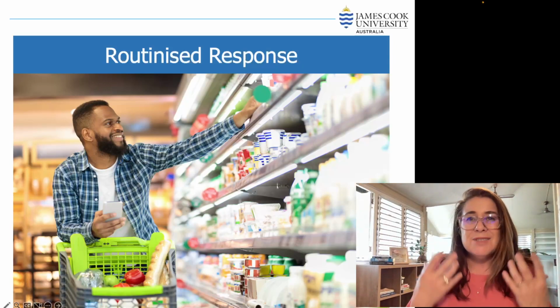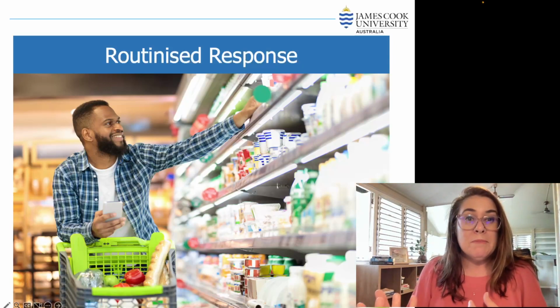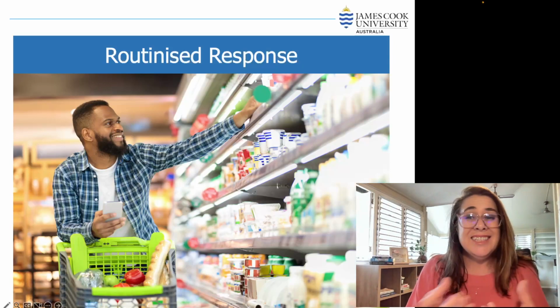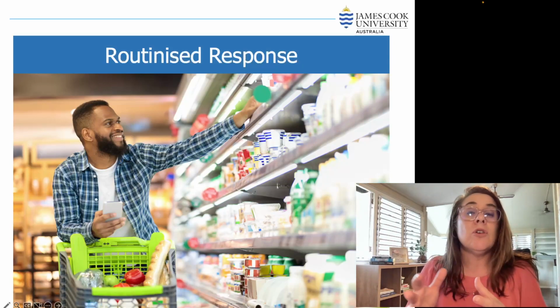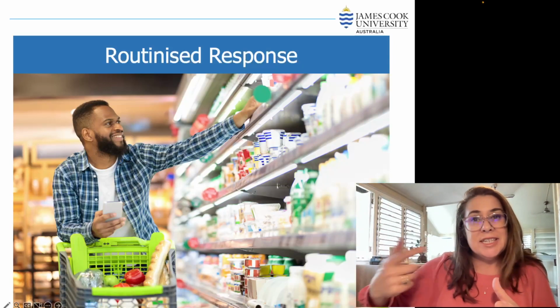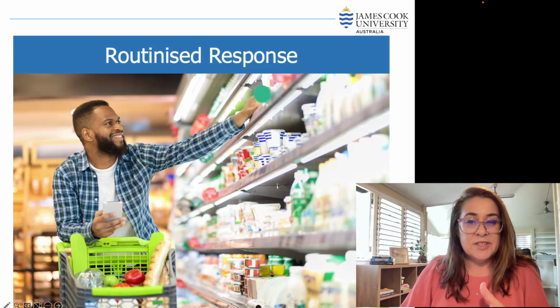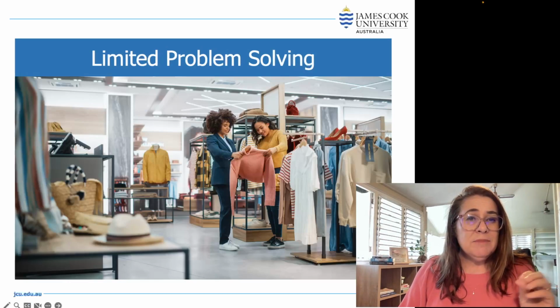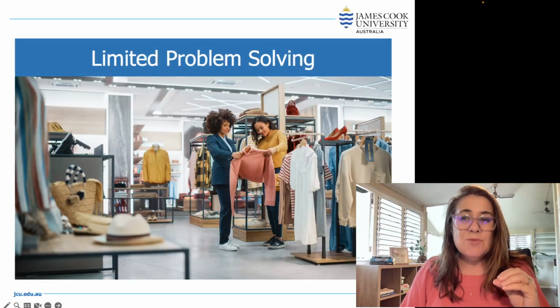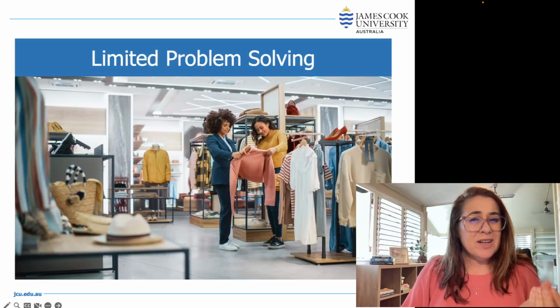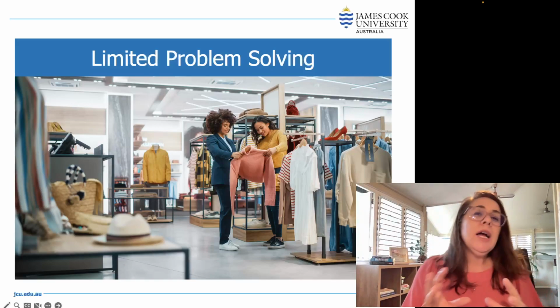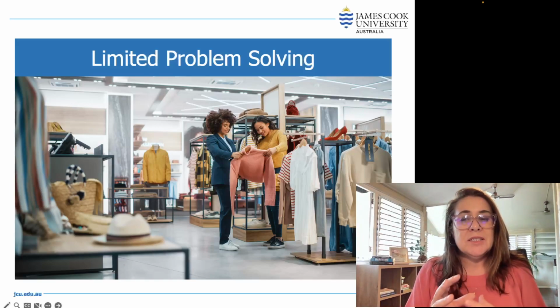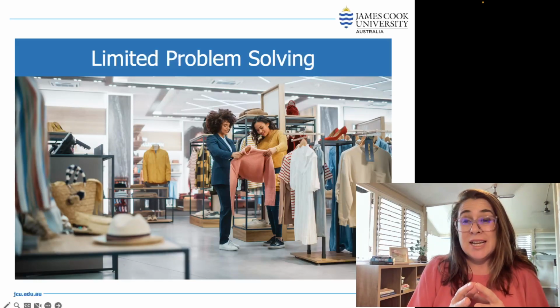They're really the things we don't think about when we're making our purchases, and this is usually because we've already had a good experience with that, so we don't need to go through the entire decision-making process again. We may have a limited problem solving, and this is where we purchase these products occasionally, but we might need a little bit more information because the brands might be unfamiliar or it might be an unfamiliar product category.